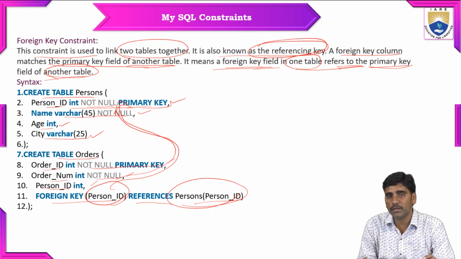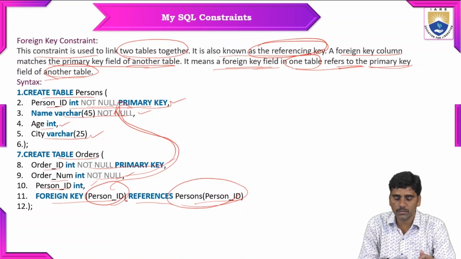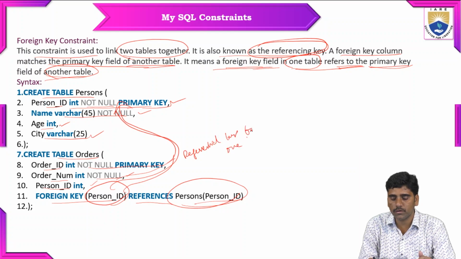That indicates that the two tables are related to each other. So this is a referential key from one table to another table.